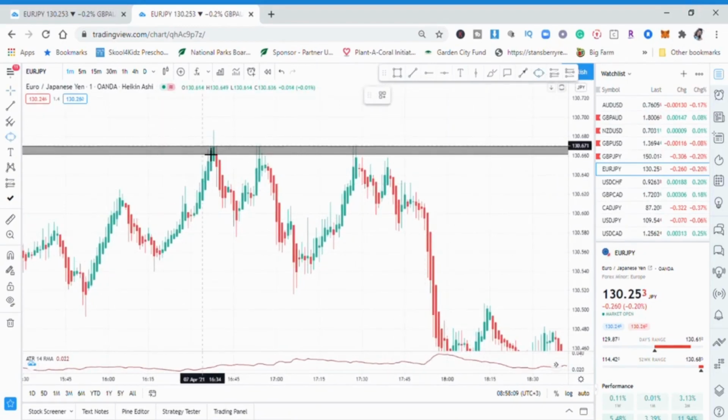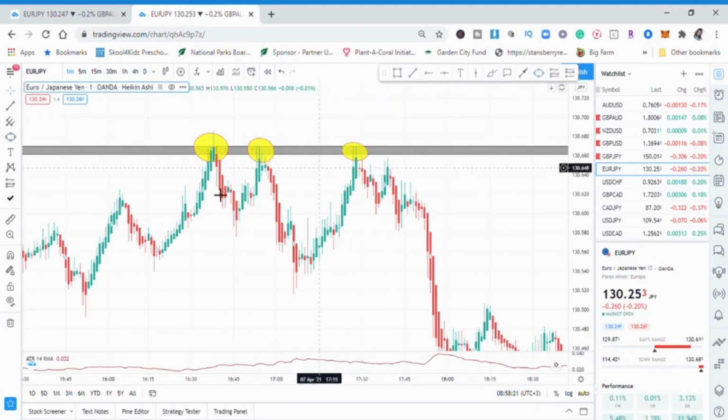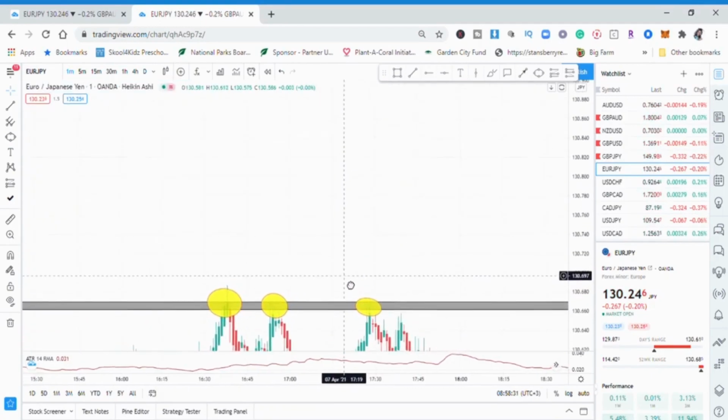First of all, how many times has it touched? It touched the same place, 1, and then it came and touched again, 2, then it touched the third time. This is what we are looking for. We are looking where the 1 minute will touch the same zone more than 3 times. And then we apply our price action.